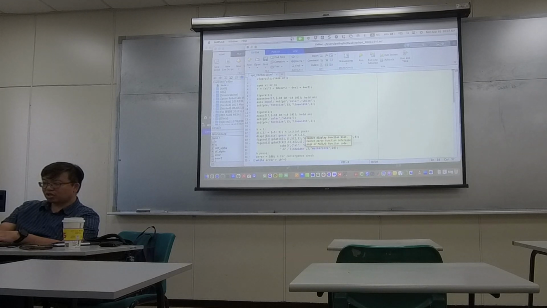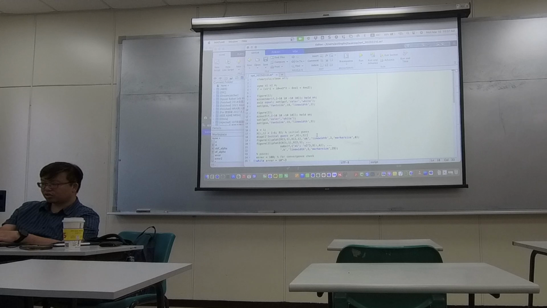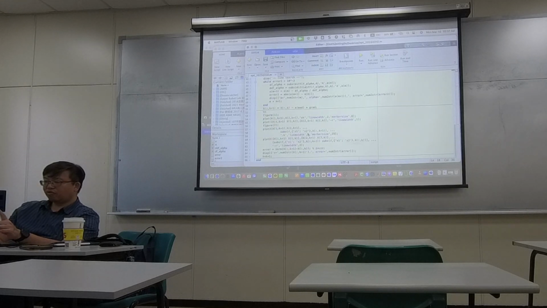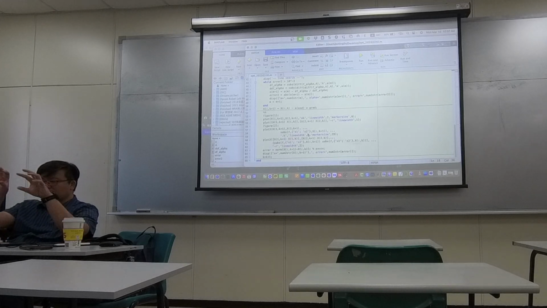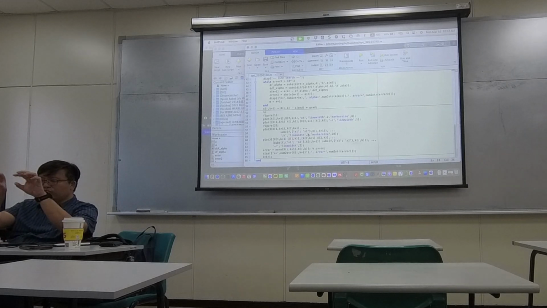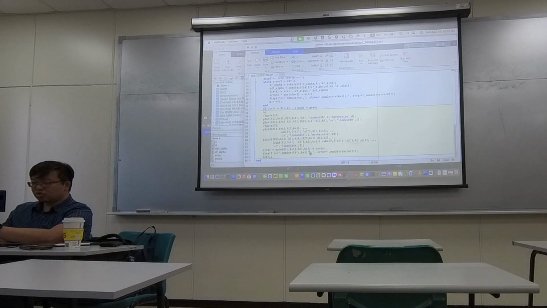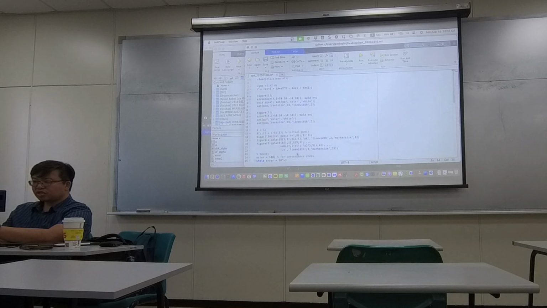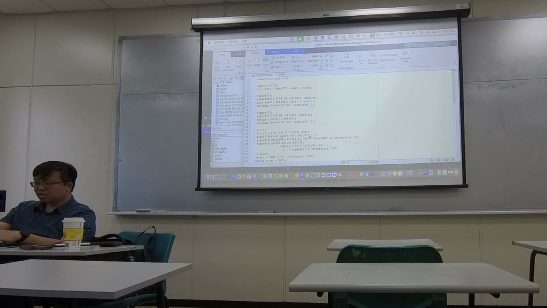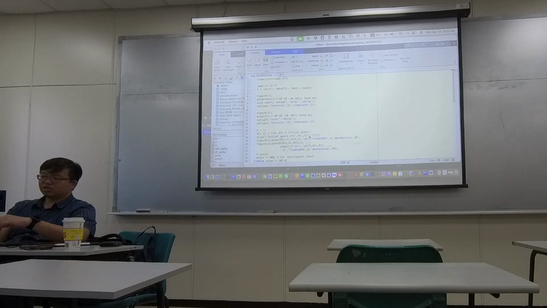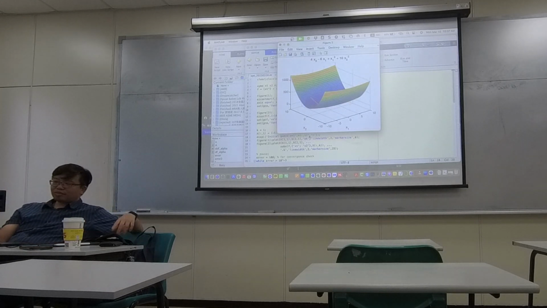I need this to close it. For the x vector, because it's going to show 2 values, I need a bracket so it looks like a vector. I need a bracket here. Okay, do it.